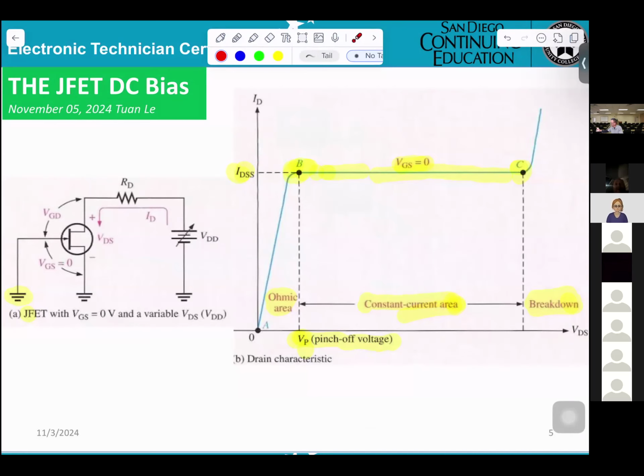Then in the area here, you can use the JFET as a resistance. So if you have a question, go ahead.